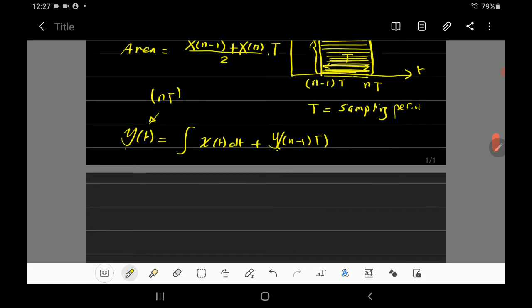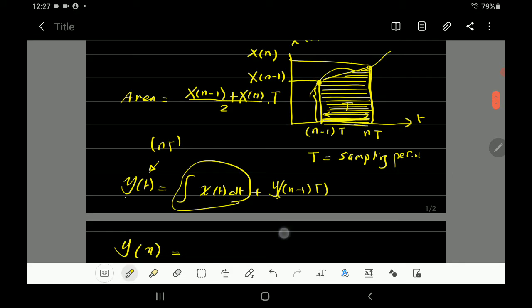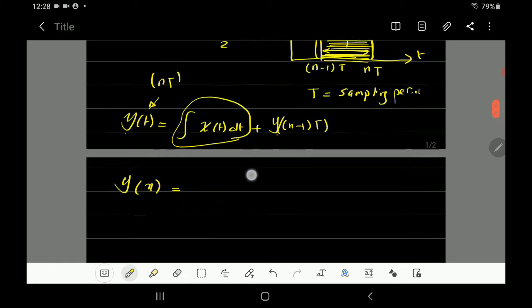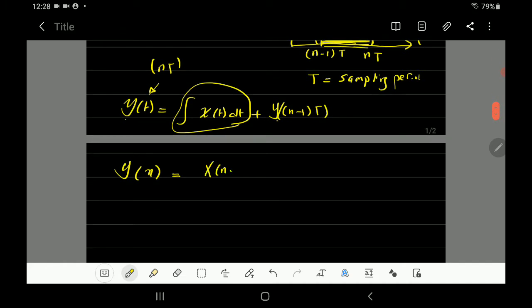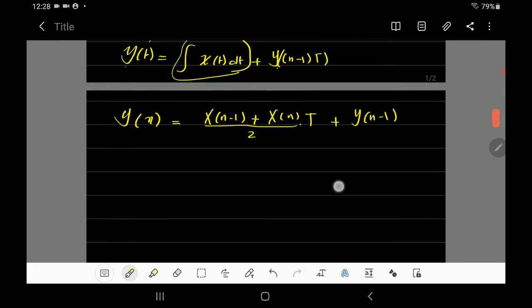So y of nT, which I write now as y of n, is equal to the integration of x of t, which is equal to the area. I will just write it now: x of n minus 1 plus x of n, divided by 2, times T. This is the area. Then plus the initial condition of y, which will be at the instant just before n, which is y of n minus 1.